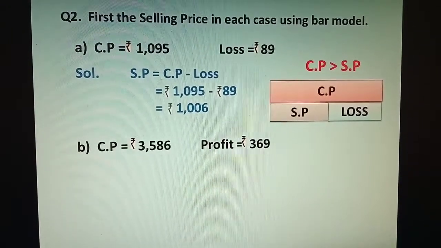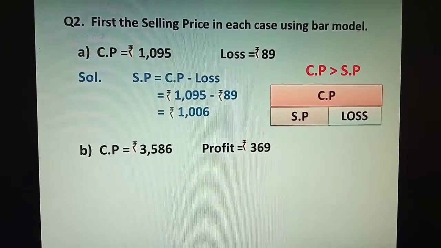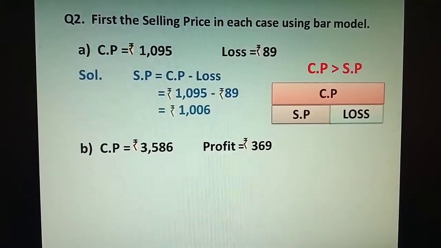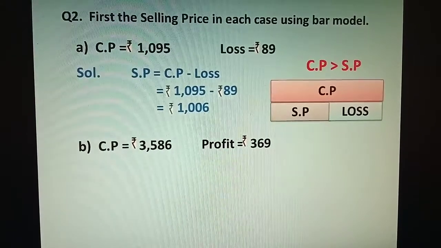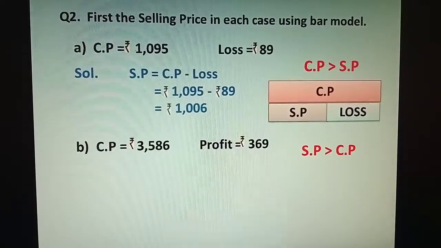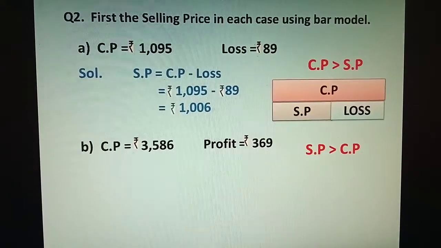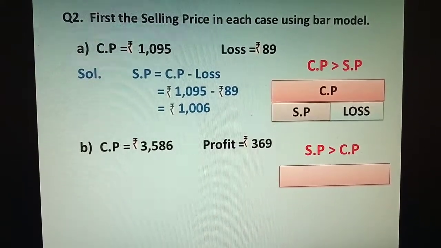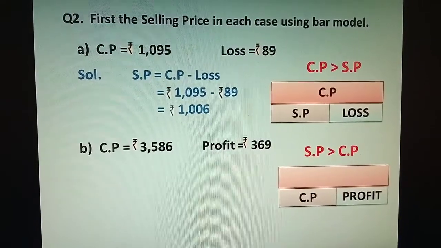Now CP is 3586 and profit is 369. Since profit is given, in case of profit we have SP greater than CP. You have to remember the conditions. Now SP is greater, so it will be in the upper bar, that is the whole part, and CP and profit will be in the lower part.